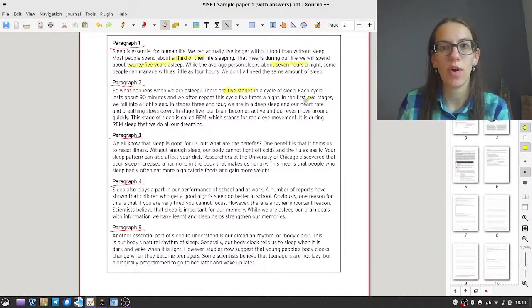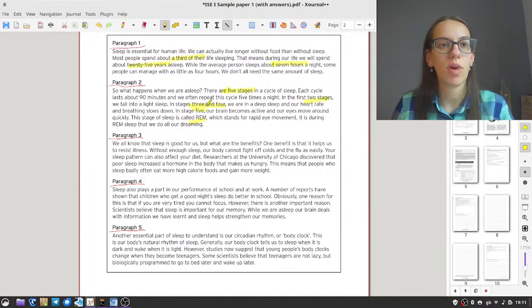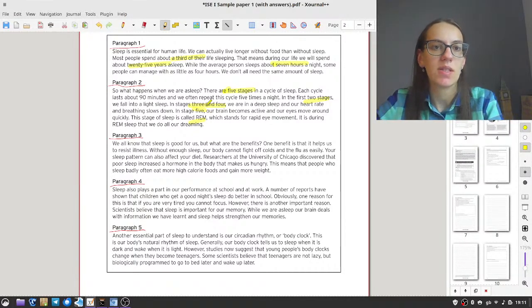Yeah, the first 2 stages, then the stages 3 and 4, and stage 5, the REM stage. Yeah. So I would summarize it as this paragraph is about stages of sleep.